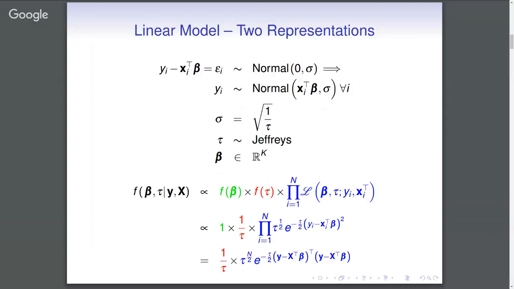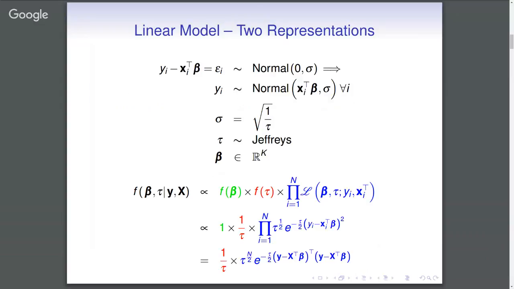So I'm going to call that precision tau, and sigma is equal to the square root of the reciprocal of tau. So it's really just a notation thing. It makes sense if you were to do Gibbs sampling, but we're not. So that's just a deterministic equation. There's no additional randomness in the expression sigma equals the square root of 1 over tau.